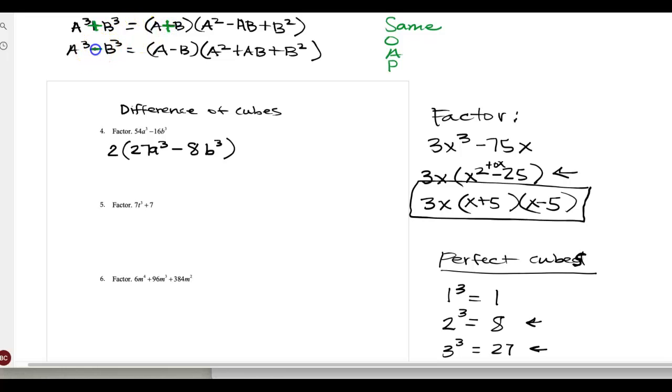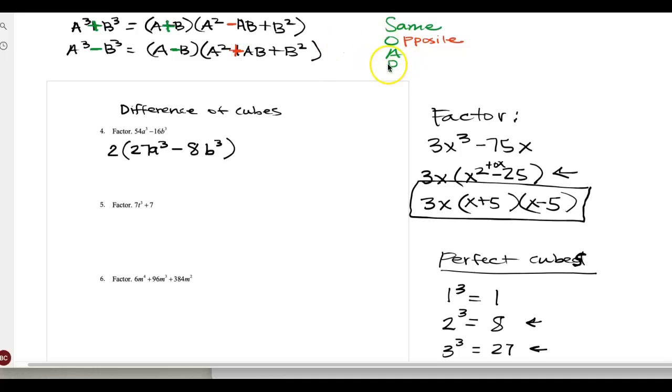This was minus, so it's the same here. The next letter, O, means opposite. So our next term is going to be the opposite of what it started off with. So this was plus, now it's minus. This was minus, now it's plus.